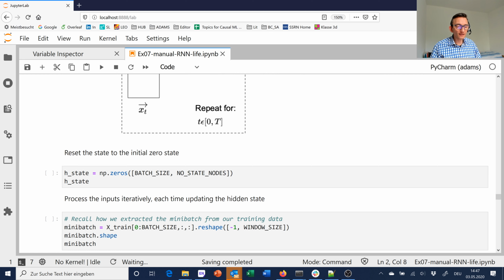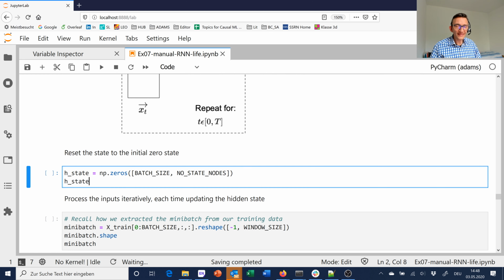We start with reinitializing our hidden state to 0. That's, by the way, the default behavior also in Keras. More on that in a future tutorial. That's the default behavior. When we start with processing a new sequence, we initialize the hidden state to 0. We start from a fresh hidden state.